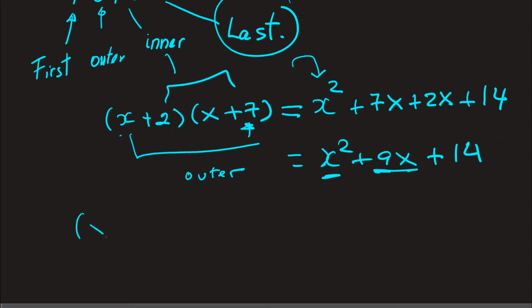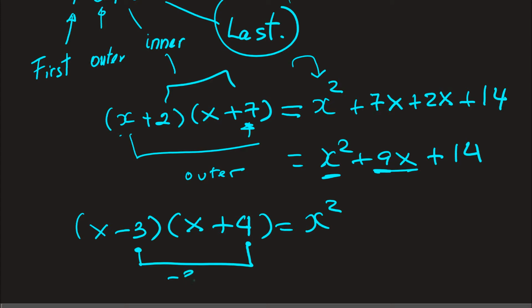See, x minus 3 times x plus 4. First, the square. And then outer and inner, add those both, and you get a 1x.